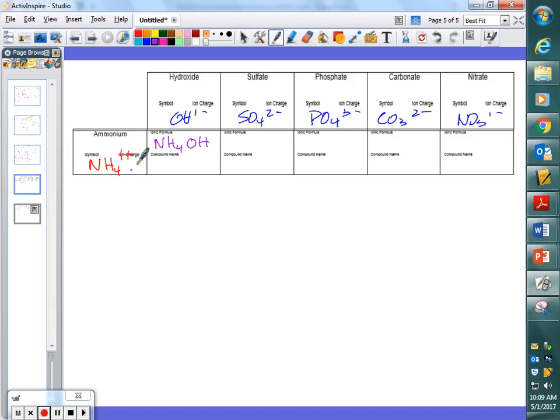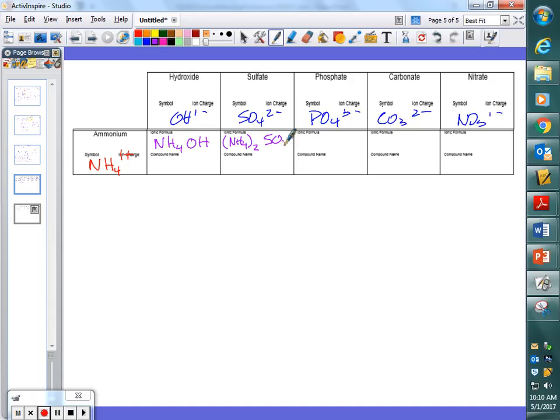So, ammonium, +1, it has to lose 1 electron. Sulfate, -2, it had to gain 2 electrons. So how many ammoniums do we need for each sulfate? 2. When we need more than 1 polyatomic ion, we have to put parentheses around it. So, parentheses, NH4 goes inside the parentheses, but then a 2 after that, a subscript 2.